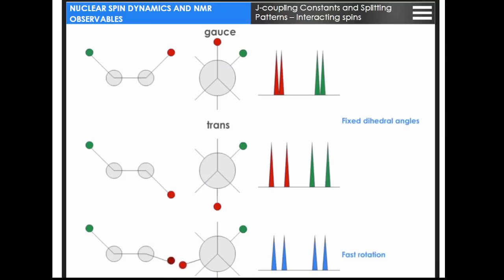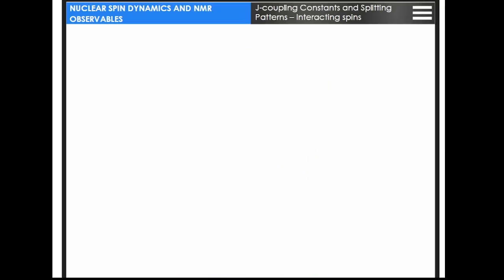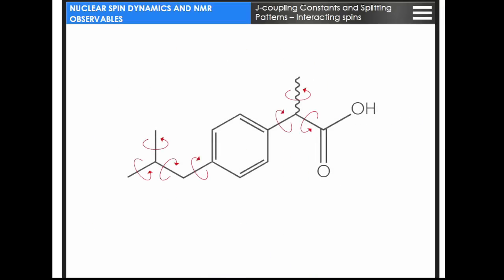However, for small molecules free in solution, the fast rotation around unsaturated chemical bonds results in averaging of the observed J-coupling constants and obliteration of structural information encoded in the values of the constants. In ibuprofen free in solution, the fast rotation around indicated chemical bonds averages observed J-coupling constants.